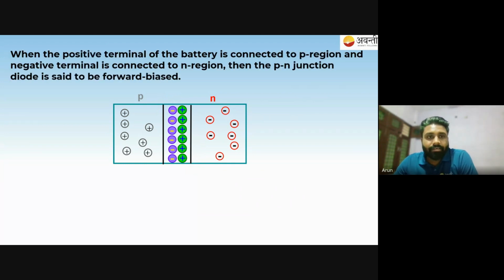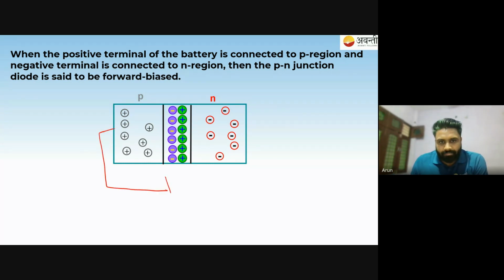Now, if you connect the battery like this, the positive plate is always bigger. This is the representation of a battery. The bigger plate represents the positive side, the anode, and the small plate represents the negative side.